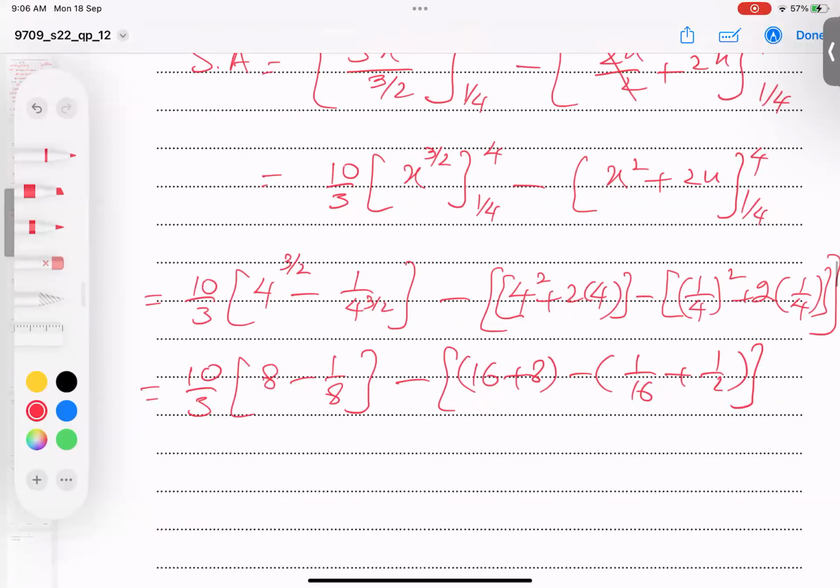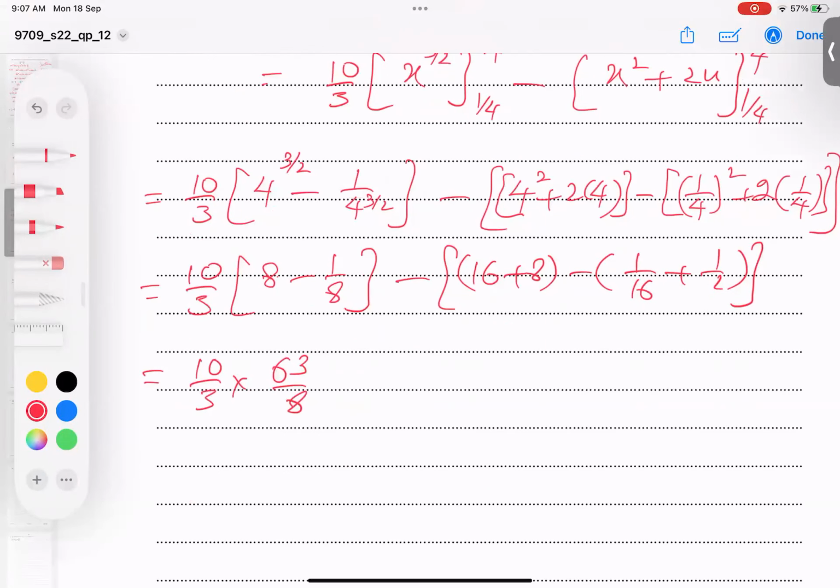So it's just a matter of typing in the calculator. Let me type it: this is coming 8 minus 1 over 8. It's giving us the fraction form, so 10 by 3 into 63 by 8. When I multiply, I get 105 upon 4.